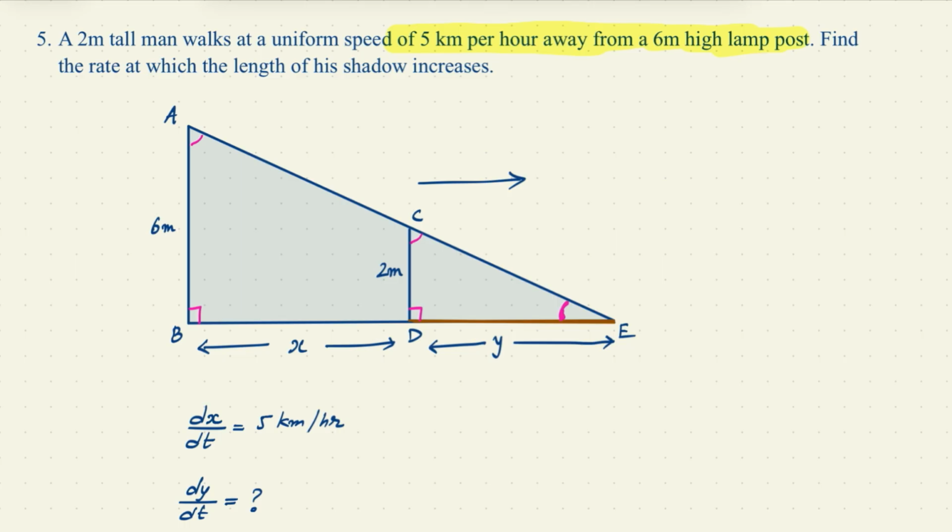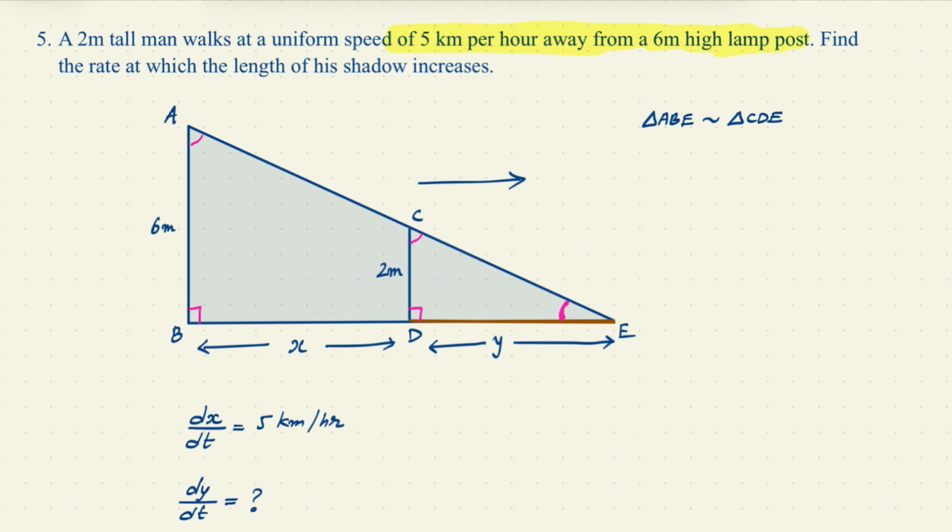So here it is clear that triangle ABE, that is the bigger triangle, is similar to the smaller triangle CDE. And if the two triangles are similar, we know that the ratio of their corresponding sides will also be equal.